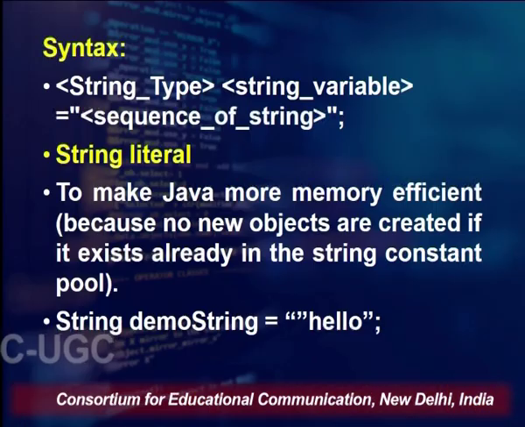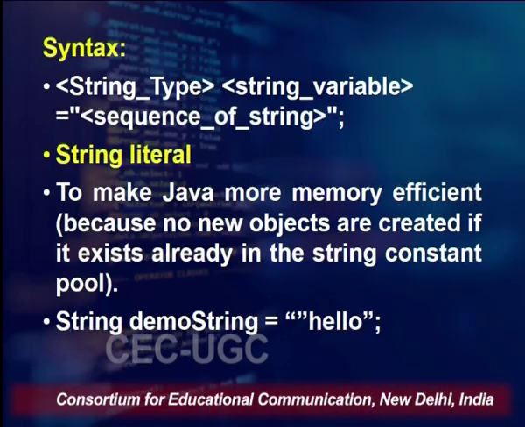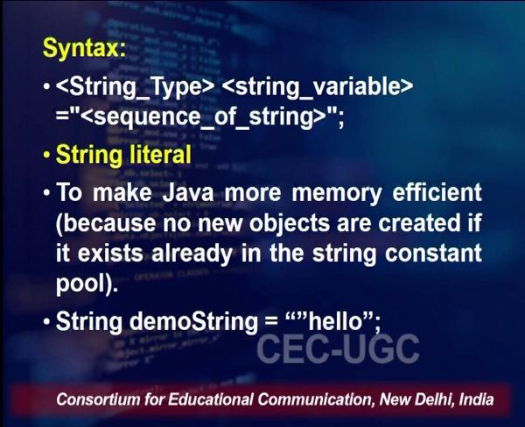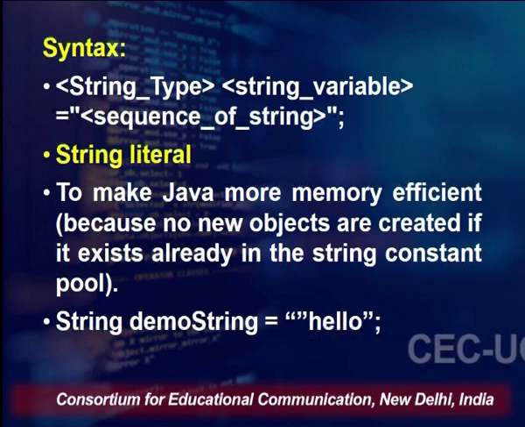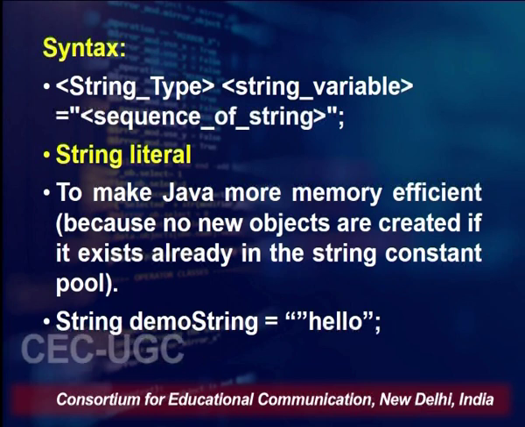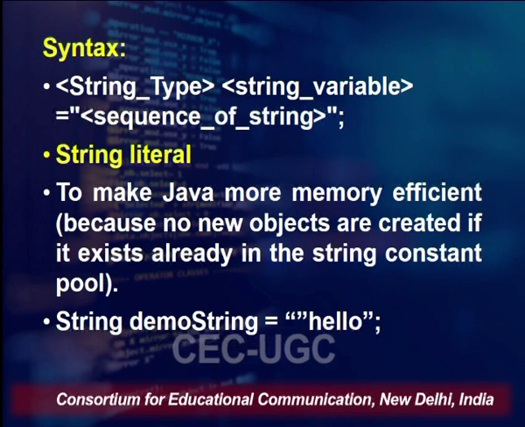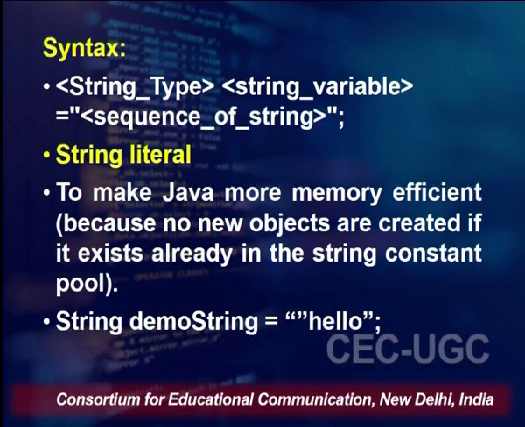We haven't used any new, we haven't used any constructor here. No new objects are created, and that is why this is going to make your Java more memory efficient, because of the absence of new objects in the string constant pool.